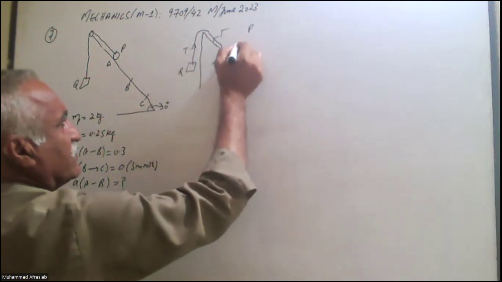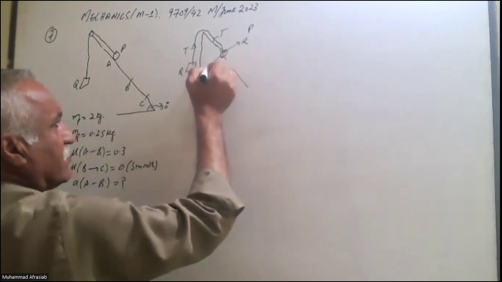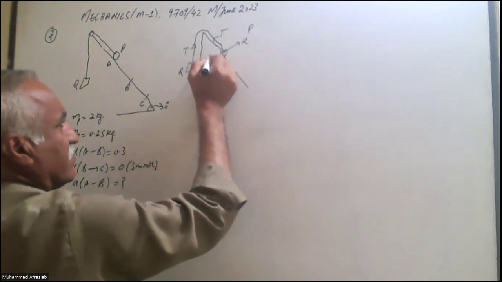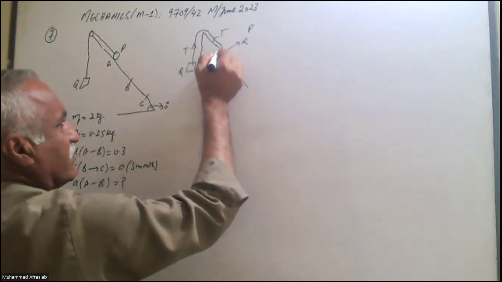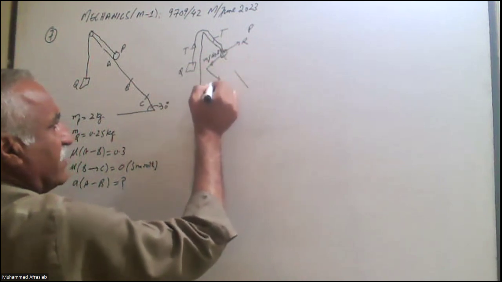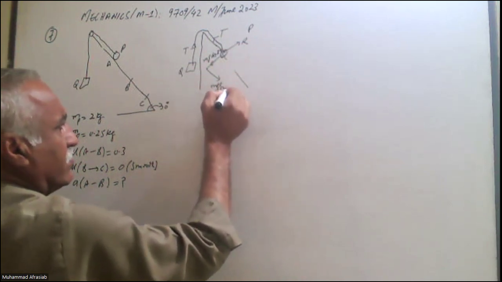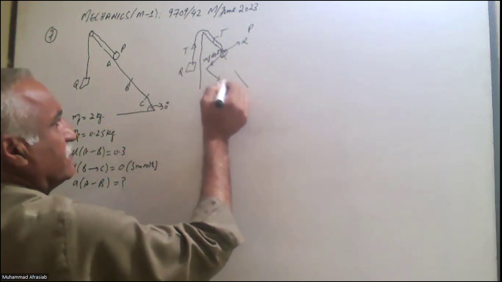If we resolve the forces on P, we have R, mg cos 30, and mg sin 30.